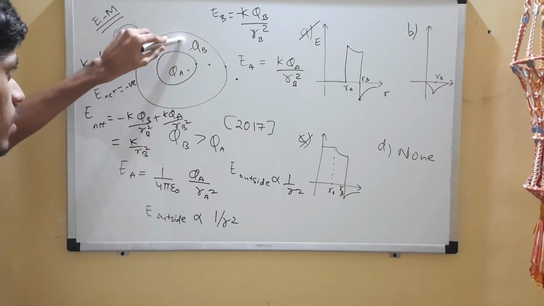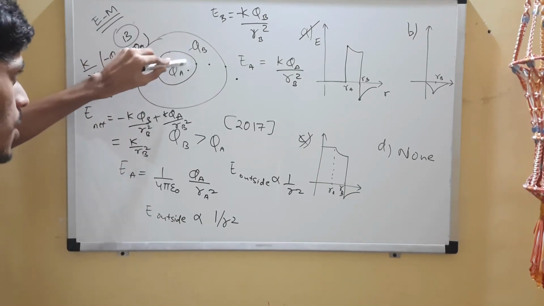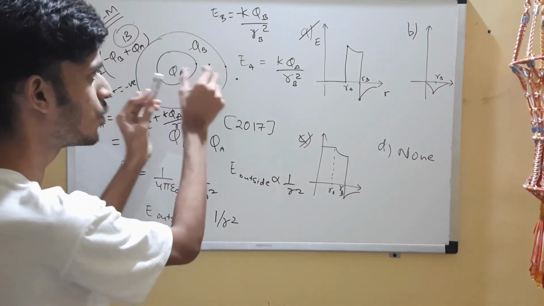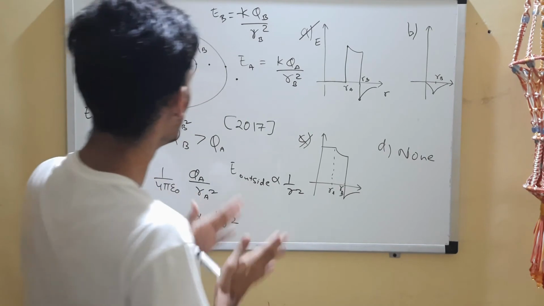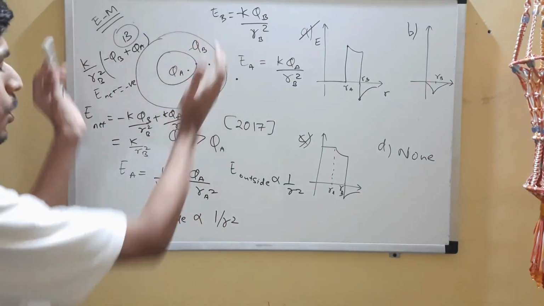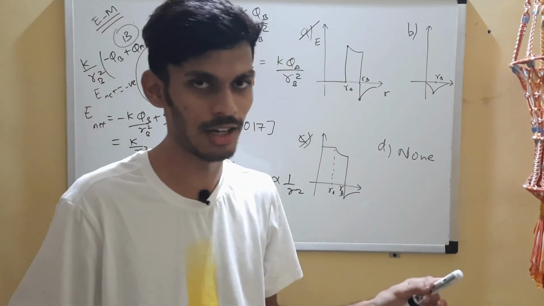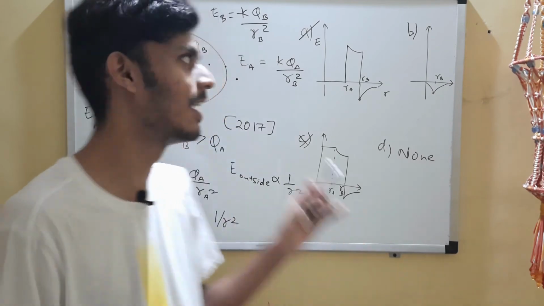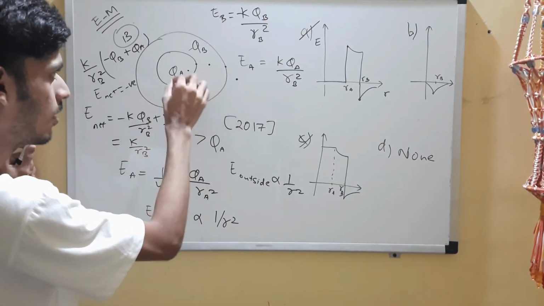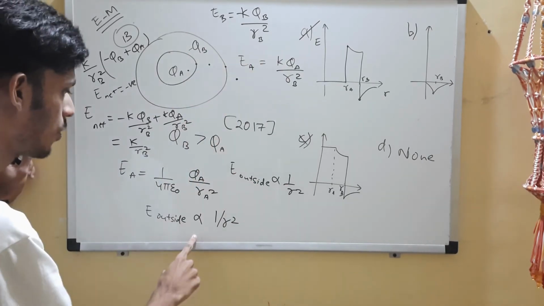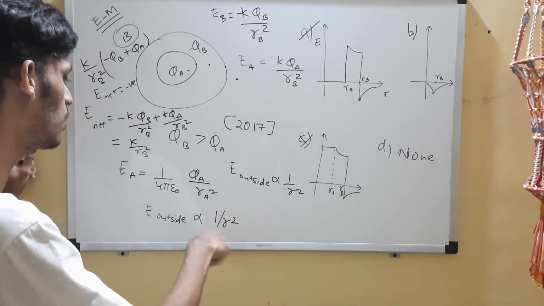Now the third one is between the first spherical shell and the second spherical shell. Between these two, due to the second one there is no electric field, because the point is still inside. And due to the small one, the point is outside, and for outside, it's inversely proportional to r squared.